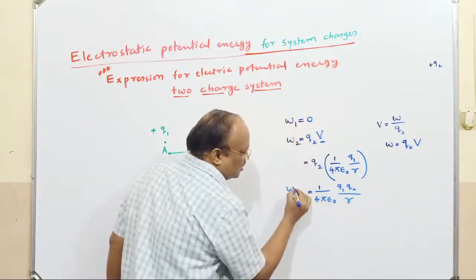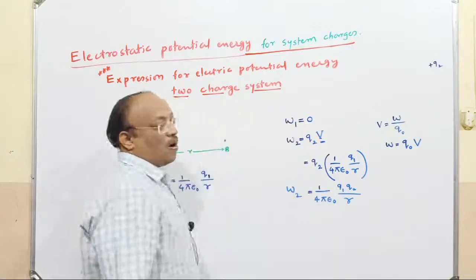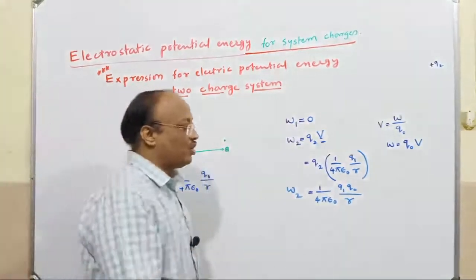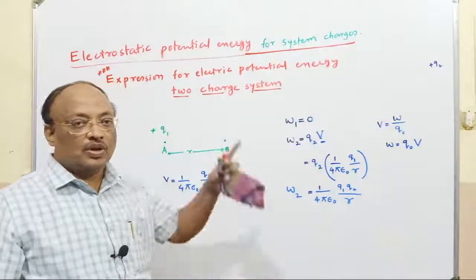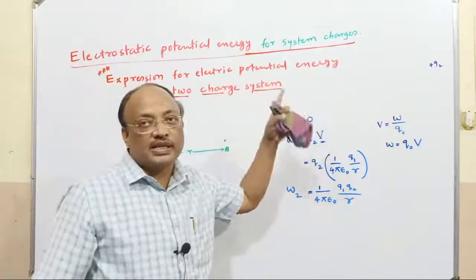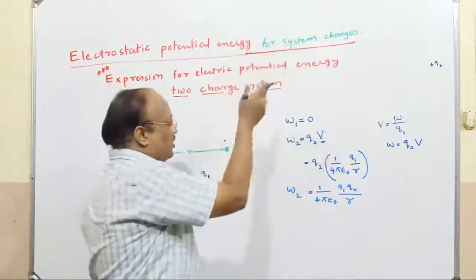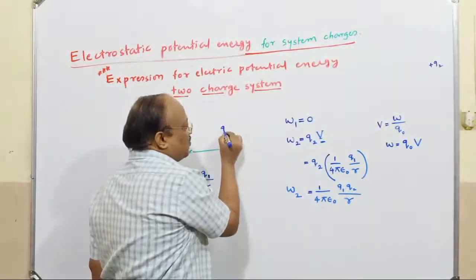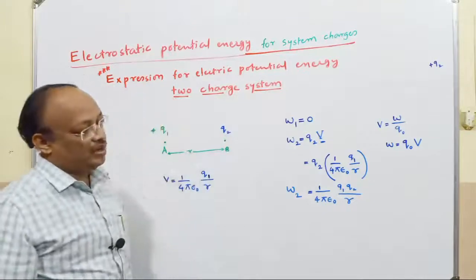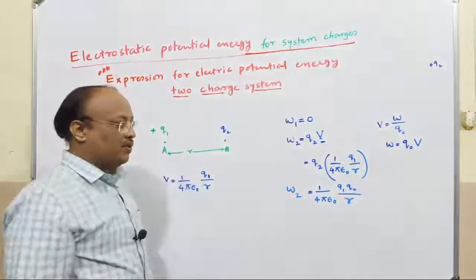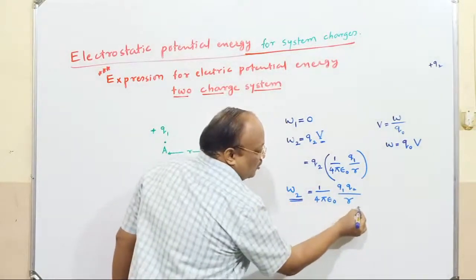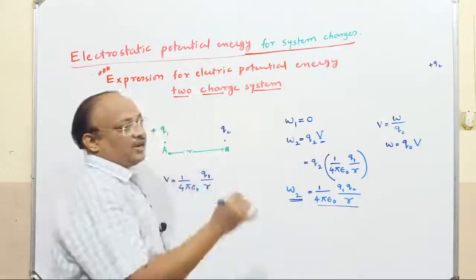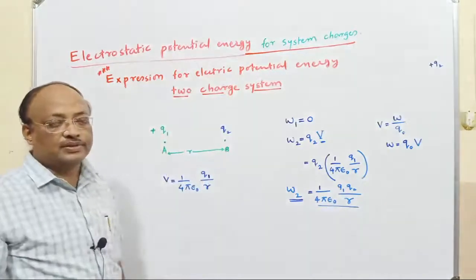This is what amount of work you are doing to bring the second charge from infinity to this point. You are doing this much amount of work to bring the second charge from infinity to this point.